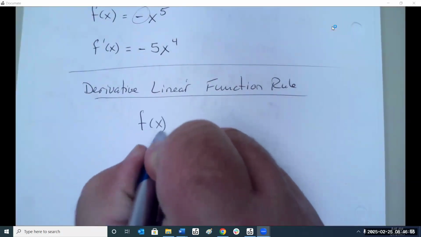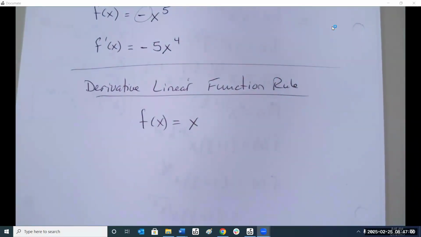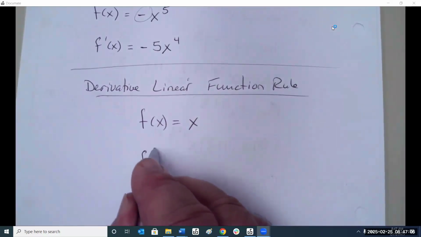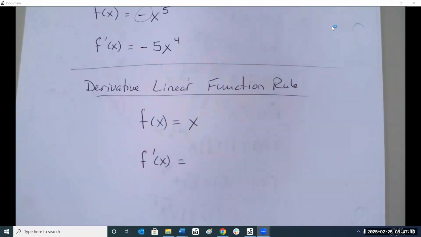Here, we're looking at a linear equation. It's an x with no power. So using what we know so far, what's the derivative going to be?